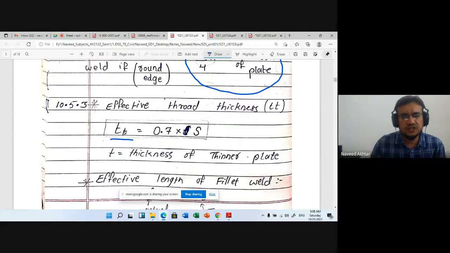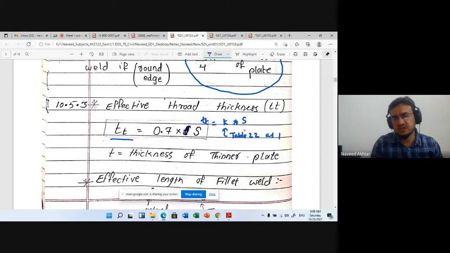So this effective throat thickness is nothing but K times S, and the value of K is to be taken from table number 22 as per the angle of the two plates that we can join.